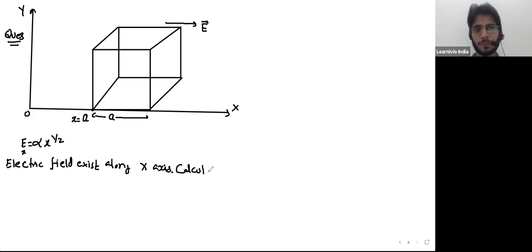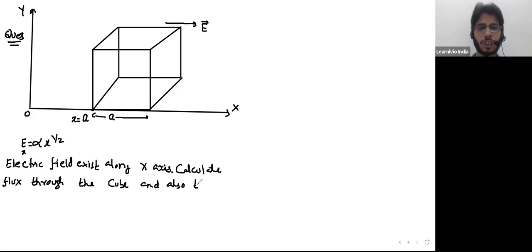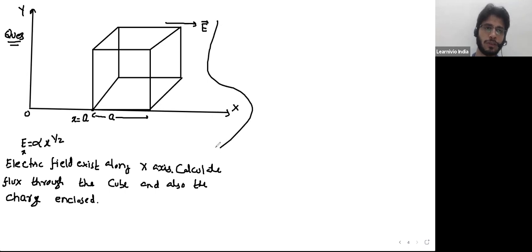Calculate flux through the cube and also the charge enclosed. So you have a cube. This is the origin of the cube. This coordinate is x equal to a. The size of the cube is a. You're supposed to calculate the flux through the cube and also the charge enclosed.